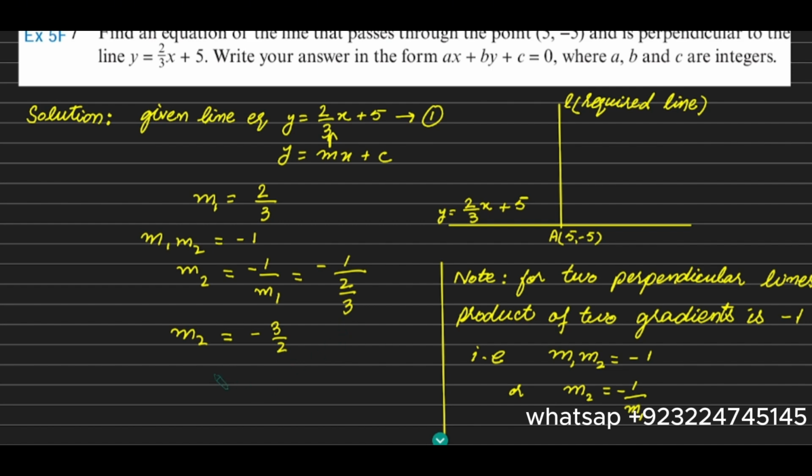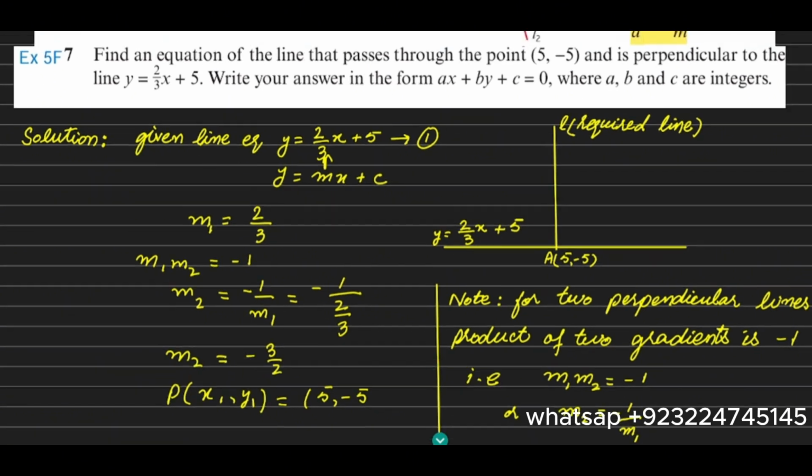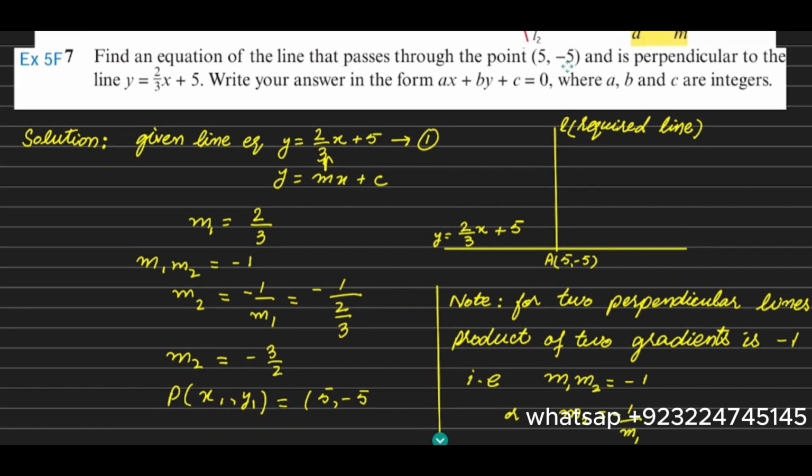Now we have found the gradient of the required line, and the point (5, minus 5) lies on the perpendicular line.